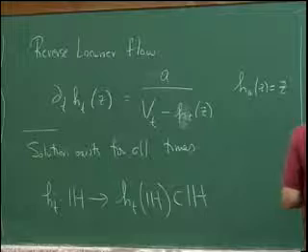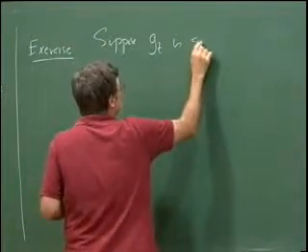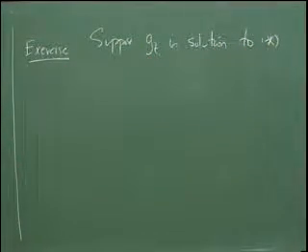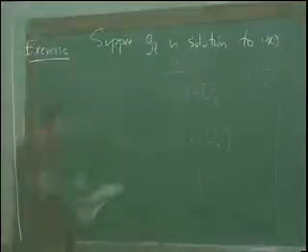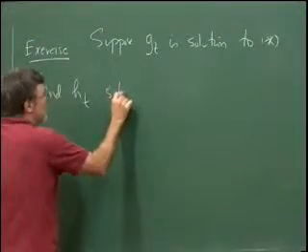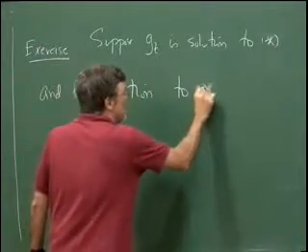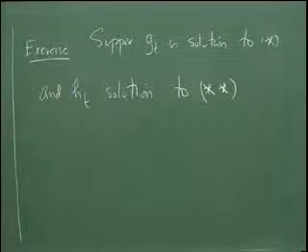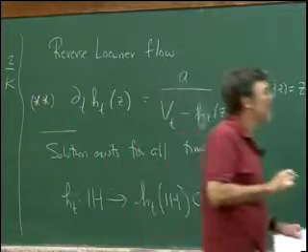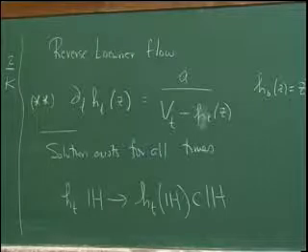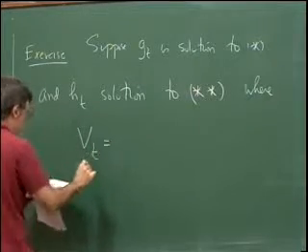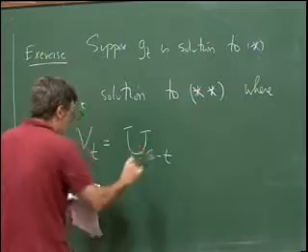Okay. Suppose g_t is a solution to star, and h_t a solution to double star, where V_t is u(s-t) minus u_s.